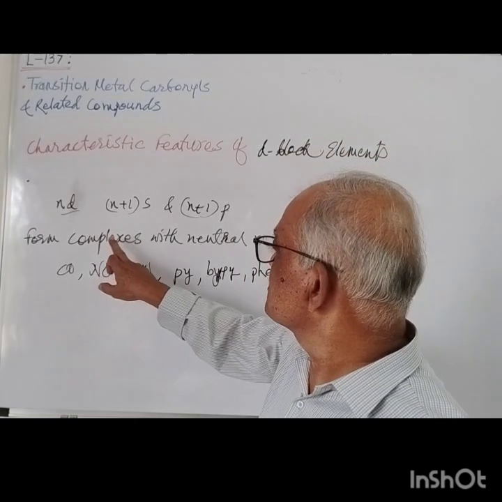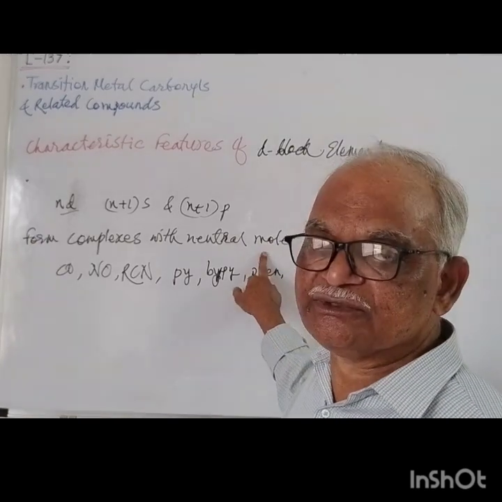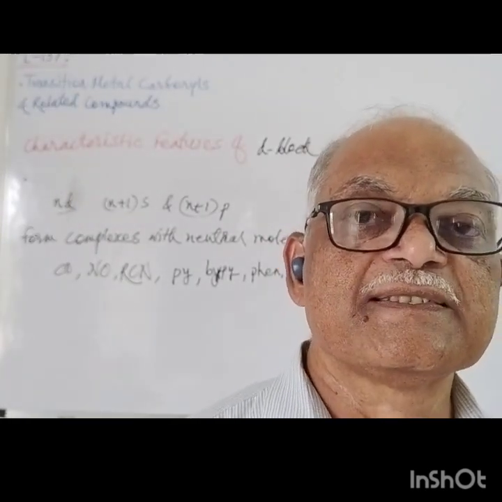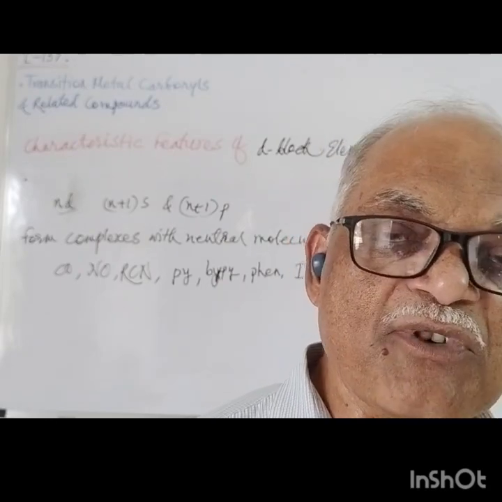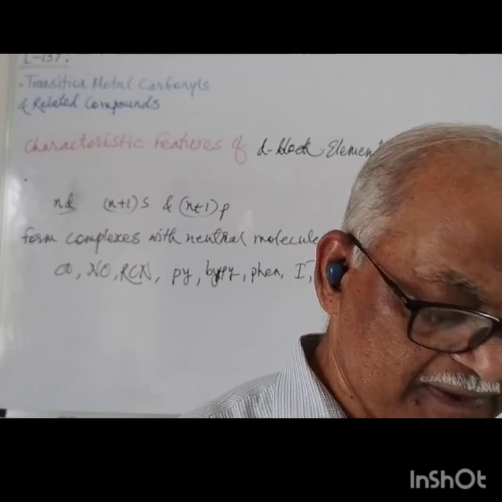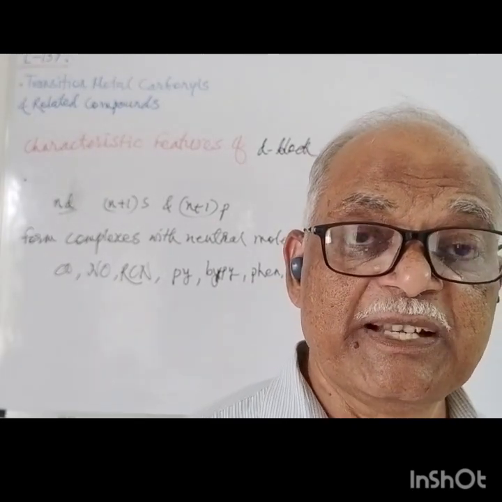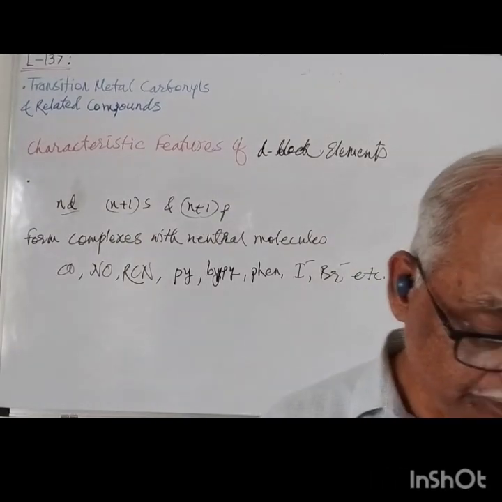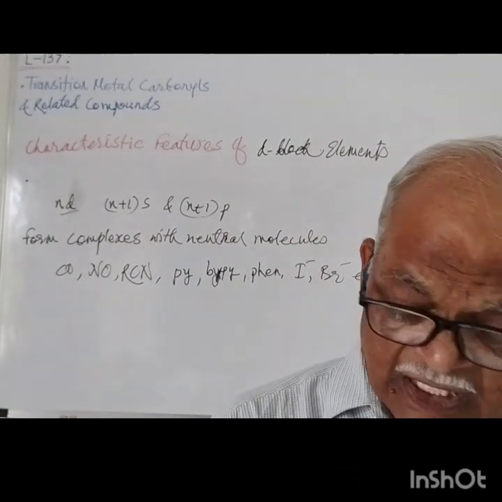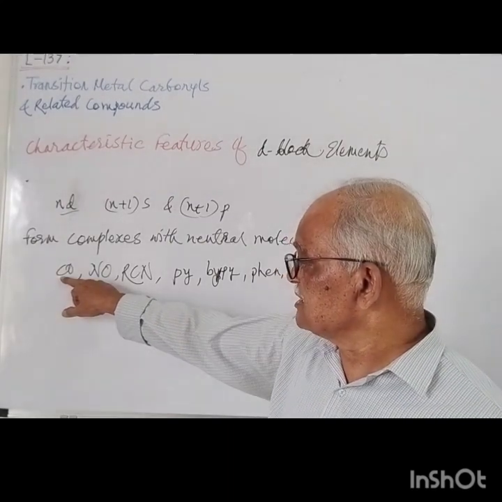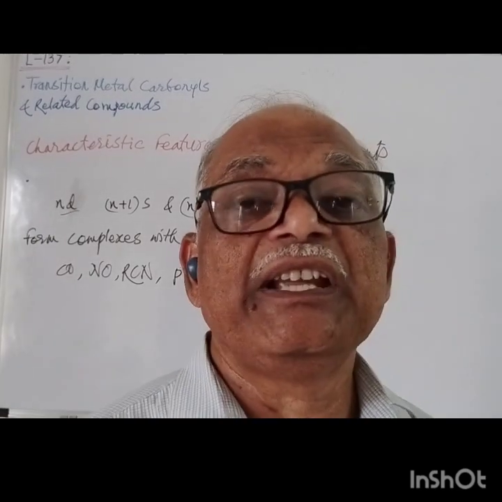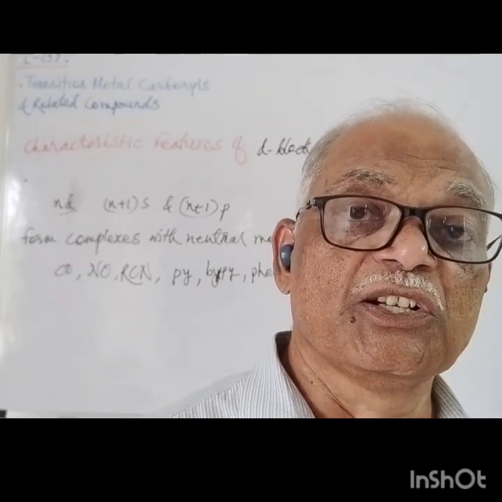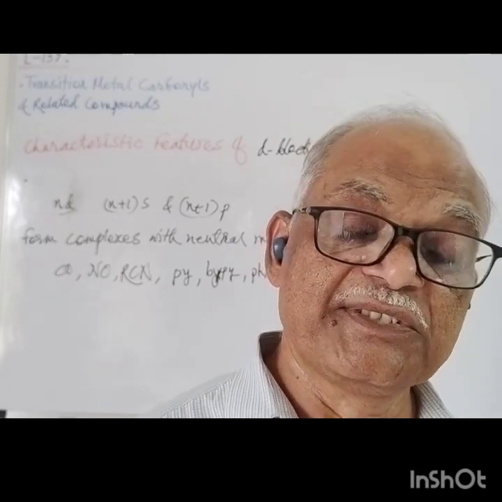In order to form complexes with neutral ligands, the metal should have a low oxidation state, 0 oxidation state, or even low negative oxidation states, because the metal ion can be stabilized in their low oxidation states by neutral molecules like carbon monoxide, etc. In this case, the neutral molecules like carbon monoxide, that is carbon, nitrogen, etc., have vacant p orbitals of pi nature, and they can share the electrons donated by the metal ion.